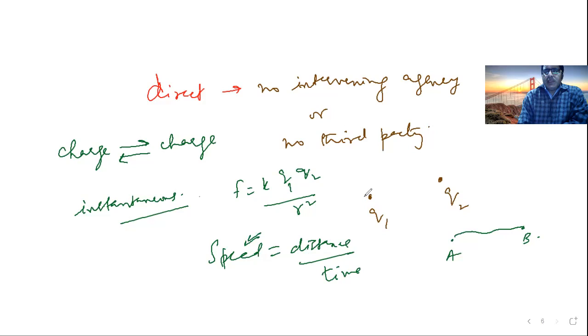When I say the interaction is instantaneous, when I move Q1, Q2 senses its movement, and the reverse is also true. If you keep Q1 fixed and move Q2, Q1 senses the movement of Q2 instantaneously, irrespective of the distance between them. That means this interaction is transmitted at infinite speed, because it takes zero time for the signal to move from one charge to the other. This is the problem with this idea.